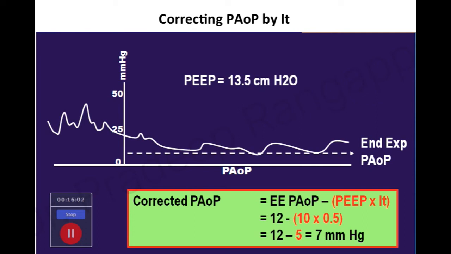Even there you may have a higher auto PEEP, and that may influence your PA pressure. So how do we correct for that PEEP factor? You have to do this index of transmission and then use these formulas to ascertain the corrected pulmonary artery occlusive pressure.